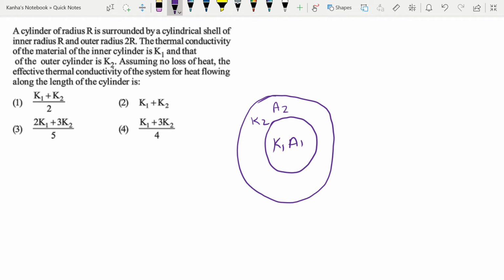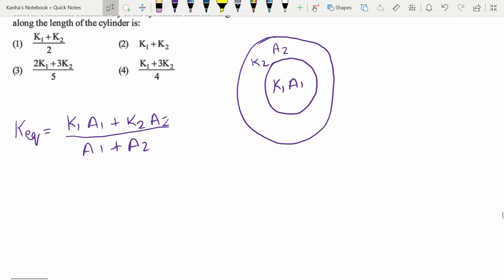So as you can see here that for this system I can easily write that my K equivalent is nothing but K1A1 plus K2A2 divided by A1 plus A2. Let us substitute the values for different areas here.